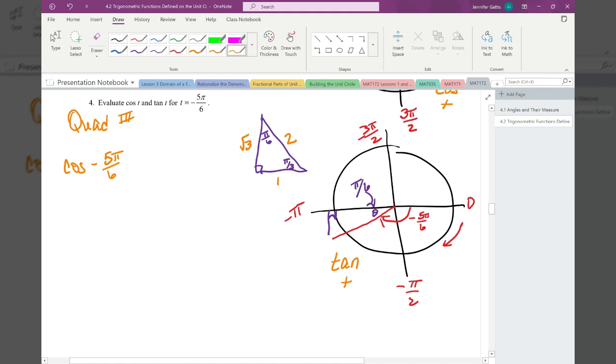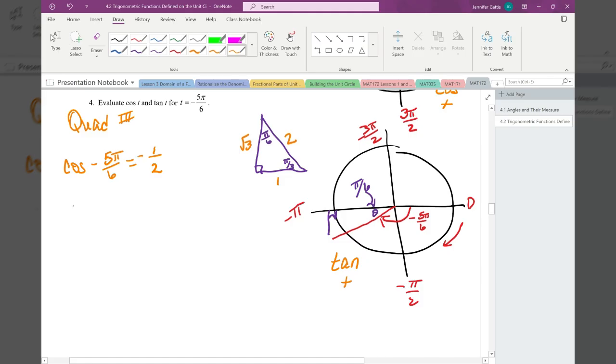Well, first of all, what is the cosine of pi over 6? So since the cosine of pi over 6 is 1/2, that's going to be very close for negative 5 pi over 6, but since we're in quadrant 3, it's going to be negative 1/2.